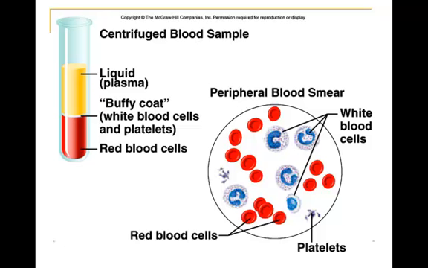It's the water part of our blood, and that actually is the matrix. We suspend the 3 types of blood cells: red blood cells, white blood cells, and platelets. There will also be some soluble proteins in there that are necessary for blood clotting. So that's its connection to connective tissue.